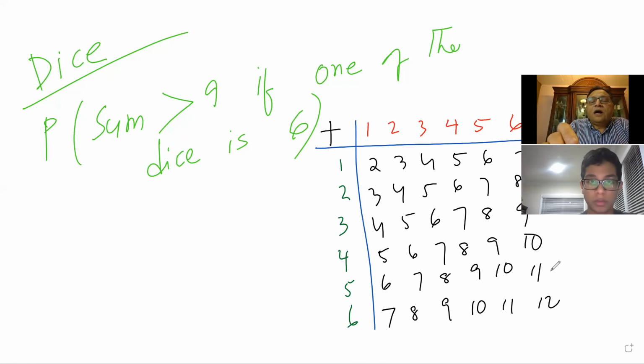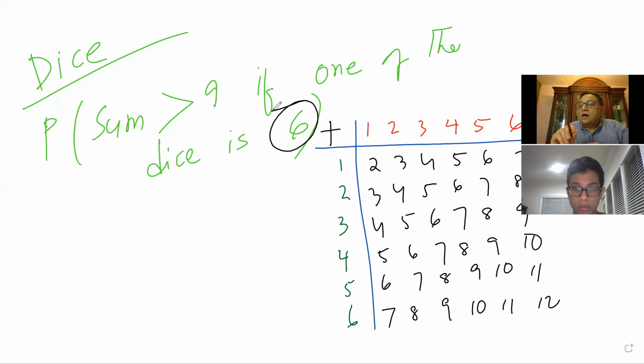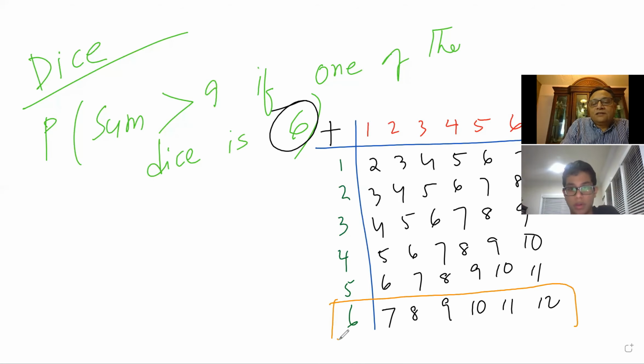12. Now, I am looking for cases where I know one of them is 6. You see that? One of them is 6. That means I have restricted my domain to at least one 6, correct? So one possibility is that this one is 6.